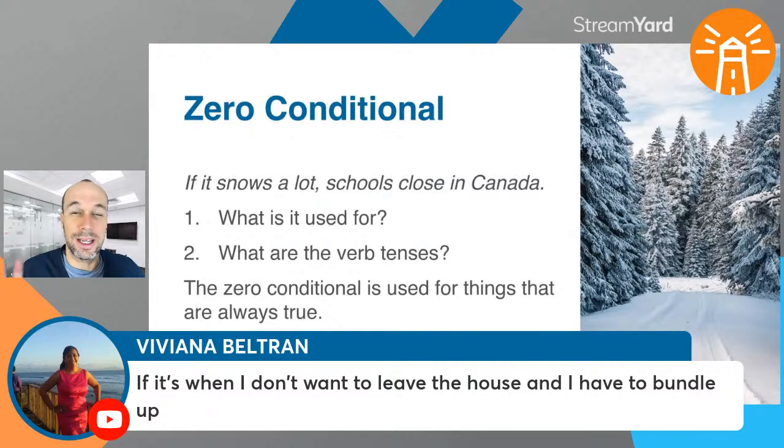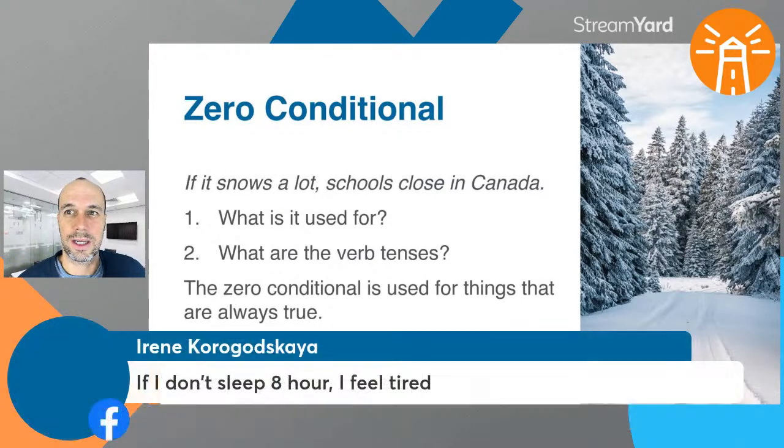I think I get your meaning, and you're pretty close, right? It's just that first part there. So you could just say, if I don't want to leave the house, I don't leave the house. Or if I don't want to leave the house, I stay inside all day. So something like that would be a great answer, Viviana.